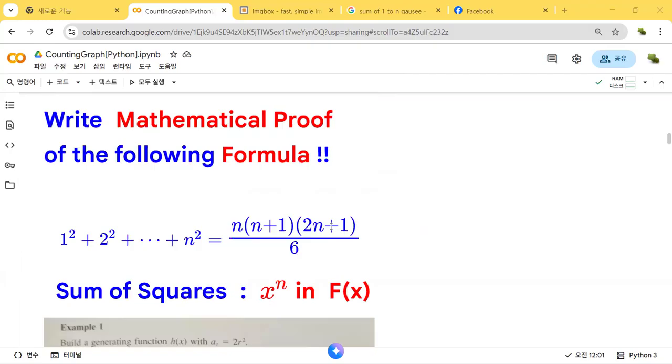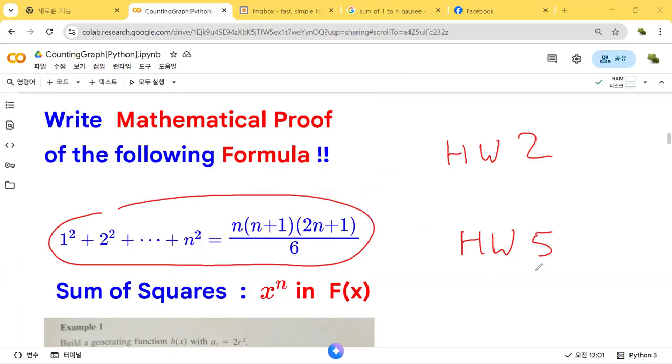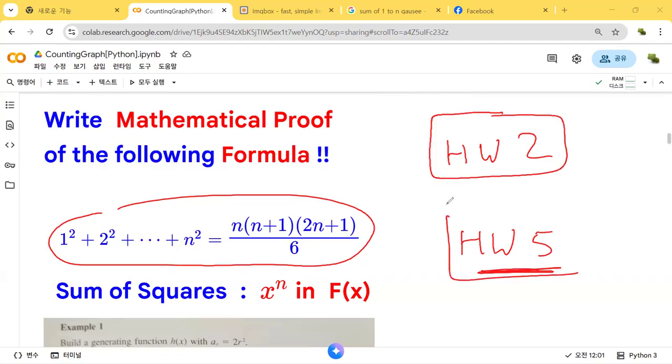So in homework 2 and homework 5, we will prove this formula again in homework 5 using a generating function. And there is a more algebraic and discrete mathematical method. But in homework 2, we use tetrahedral numbers.